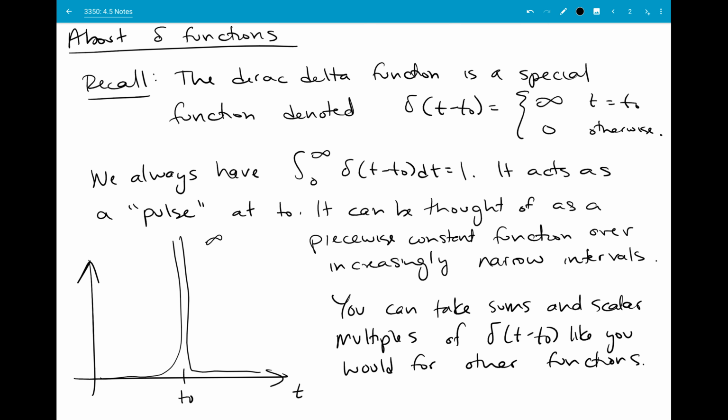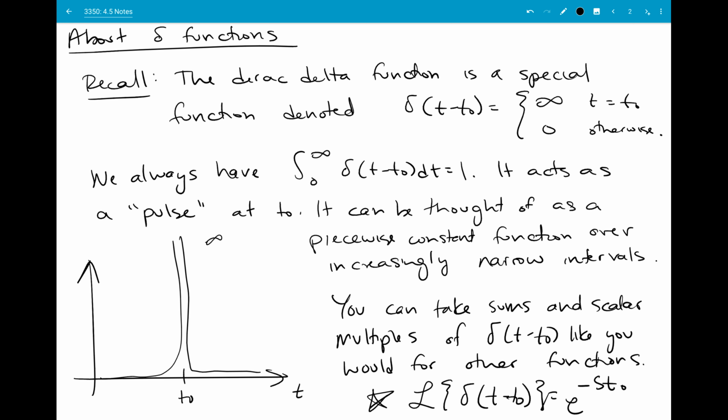And then most important for us is going to be, actually I'll do a little arrow, or stars, I guess. That property I told you to write down on the first page: the Laplace transform of this function, delta of t minus t0, is e to the minus s t0.